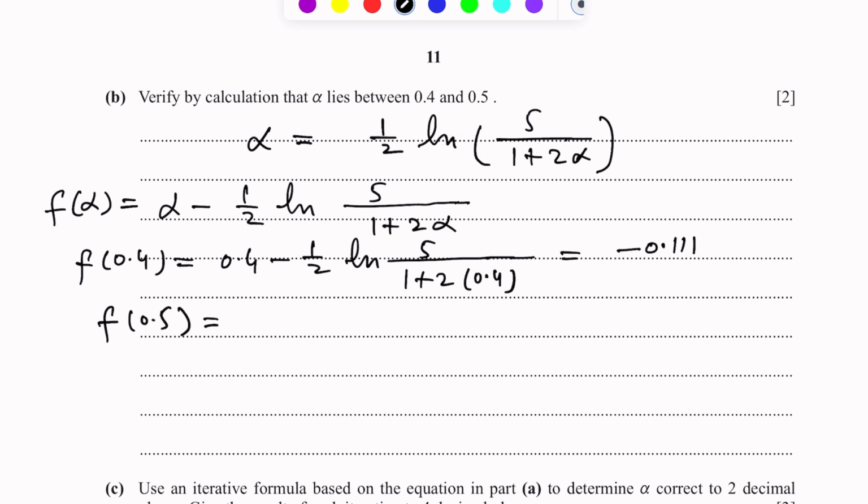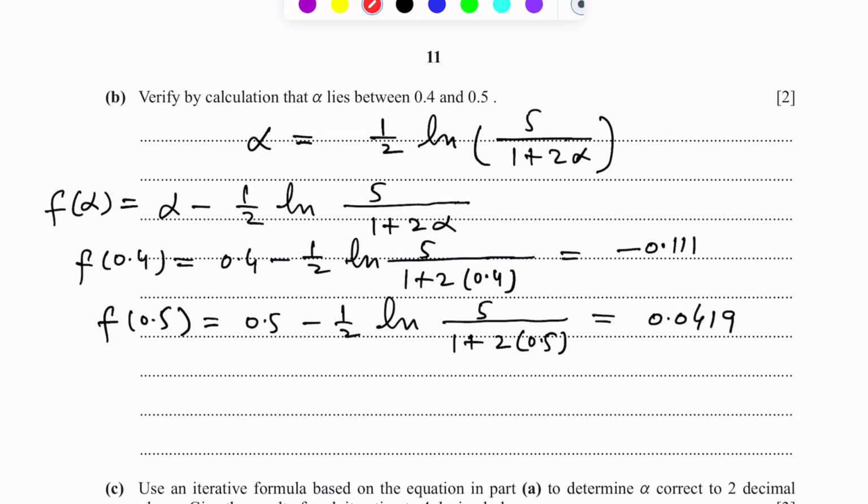f(0.5), that will be 0.5 minus 1 over 2 log 5 over 1 plus 2 into 0.5. After calculating we will get 0.0419.